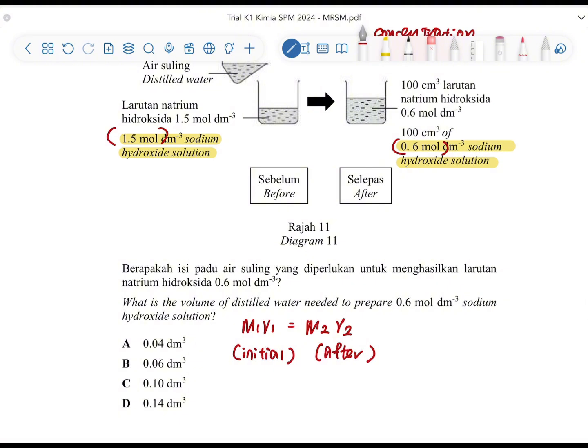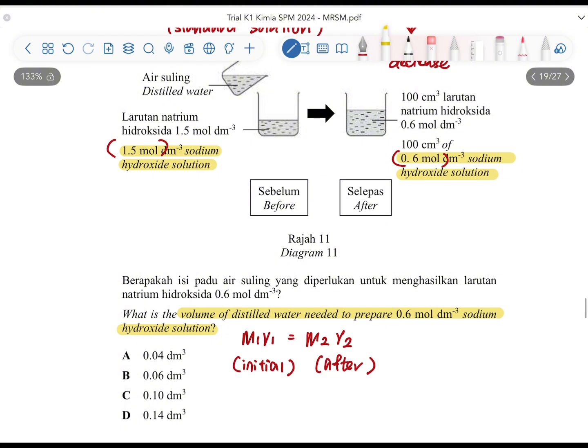The question is asking what is the volume of the distilled water needed to prepare 0.6 mol per dm³ sodium hydroxide solution. This is our final, so this 100 is our final volume.